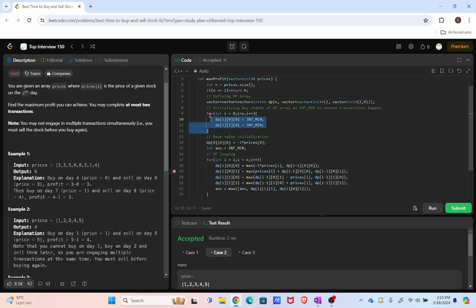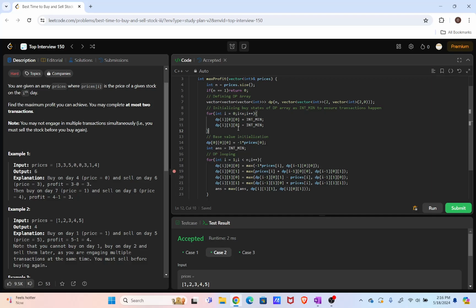Then this is important to understand. I have initialized all the buy states, like maybe it is the first transaction or maybe it is the second transaction, as int min to ensure that transactions happen.